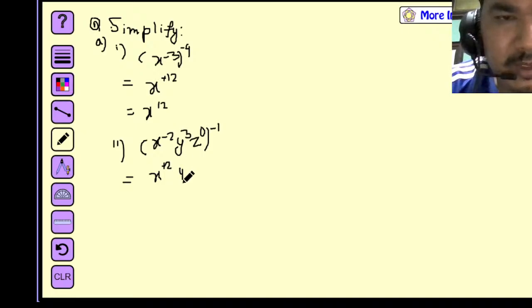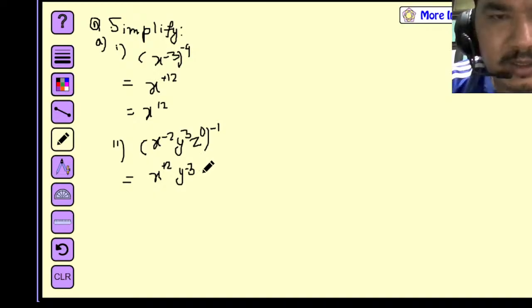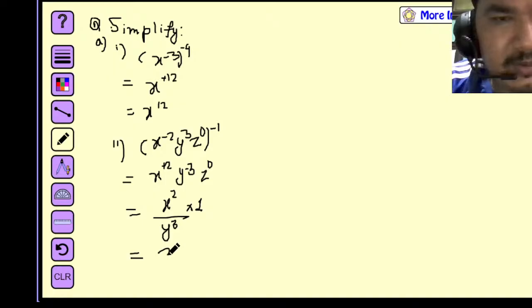And y to the power minus 3, because plus 3 multiplied with minus 1. And z to the power 0 only, because 0 into minus 1 is 0. Then x square is already positive, we can take y cube down to make it positive, and z power 0 means 1. Its answer will be x square by y cube.